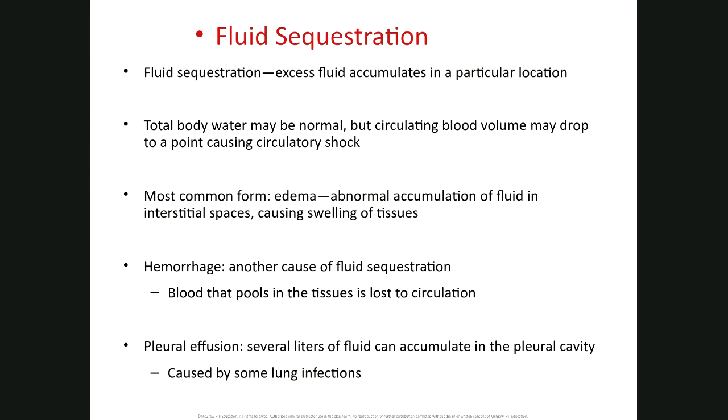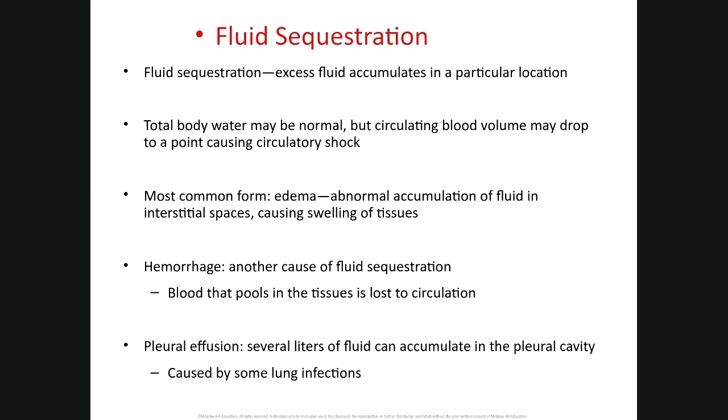The blood vessels are among the tissues, and if fluid moved out from the blood vessel into the tissue and was not able to be pulled back in, then it becomes edema, which is the most common form of fluid sequestration. It will end up swelling the tissues. Of course, it will not be good because edema stops that tissue from functioning. At the same time, it can also lead to necrosis.